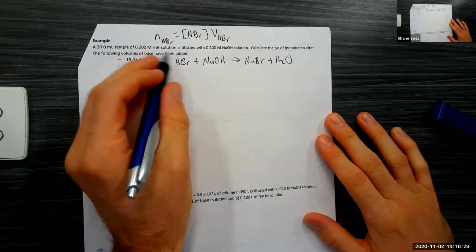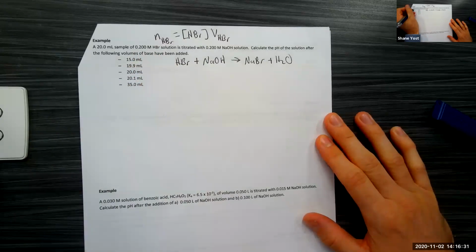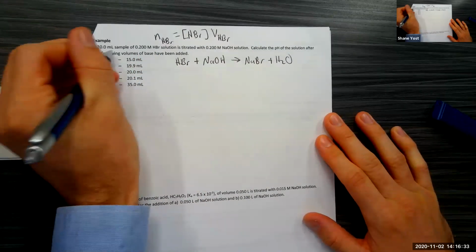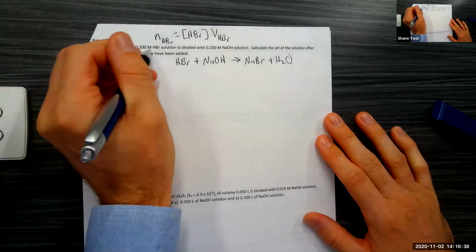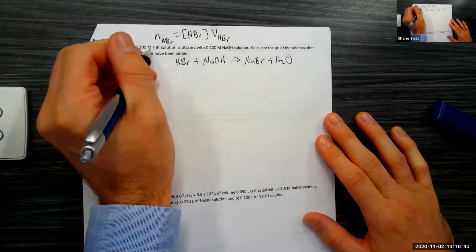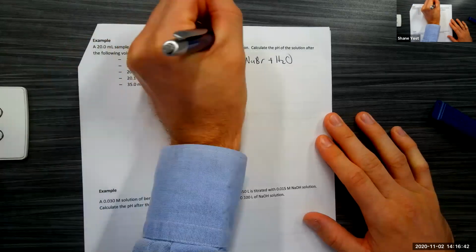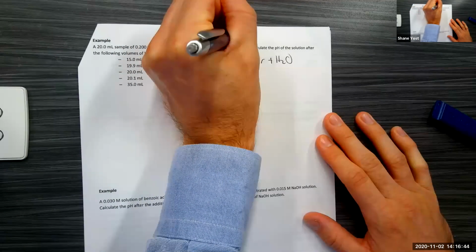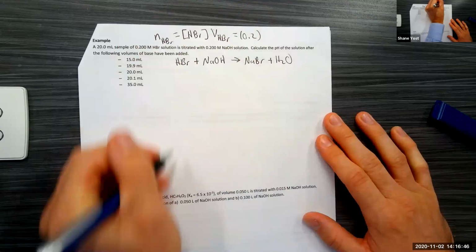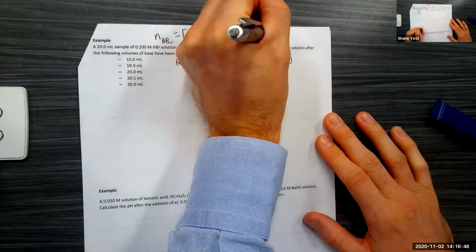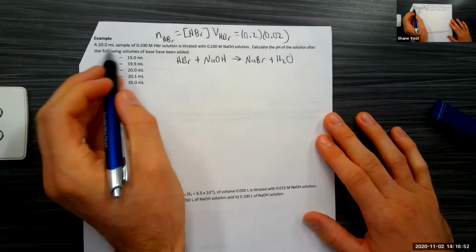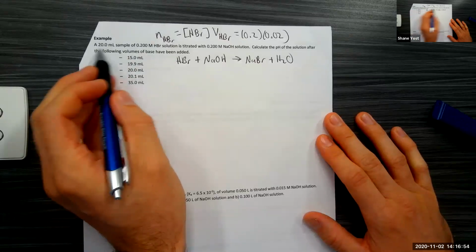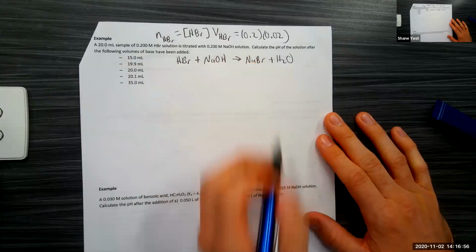So the number of moles of HBr is 0.2 times 0.02. I have to convert the volume to liters because molarity is moles per liter. The volume is 0.02 liters; divide 20 by 1,000 and you get 0.02 liters.